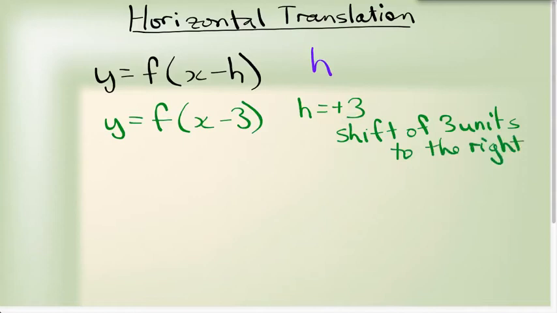The same as if I wrote something like y equals f of x plus 7. In this case, now I take the opposite sign of my h value, h equals minus 7. It's a shift of 7 units to the left.